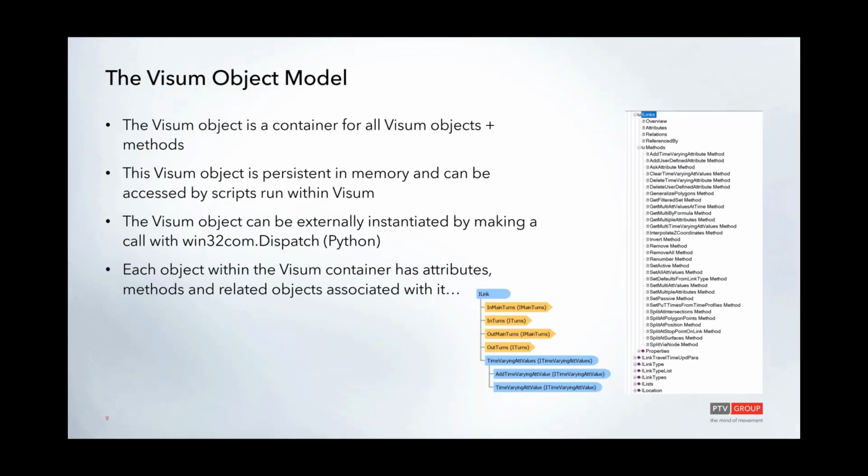It may have time varying values. And then it has a bunch of methods. So the links container has methods such as adding or removing time varying attributes or a user defined attribute. You can get a polygon or generalize a polygon.